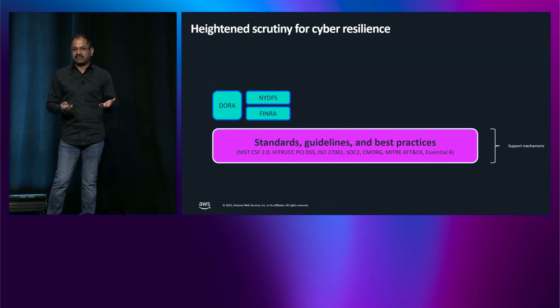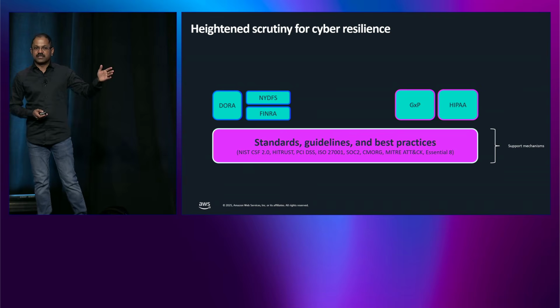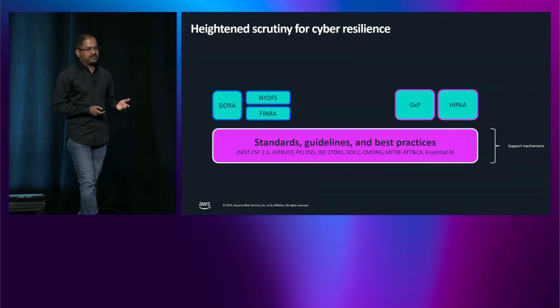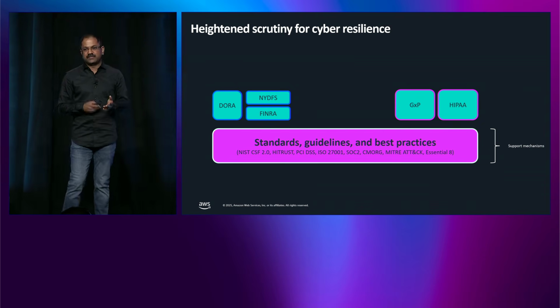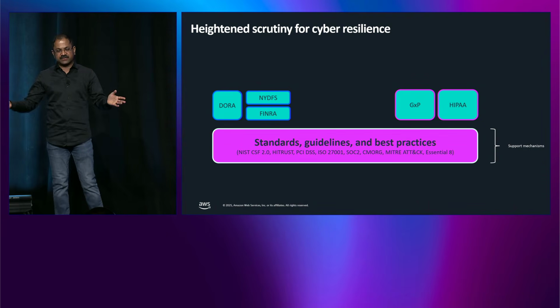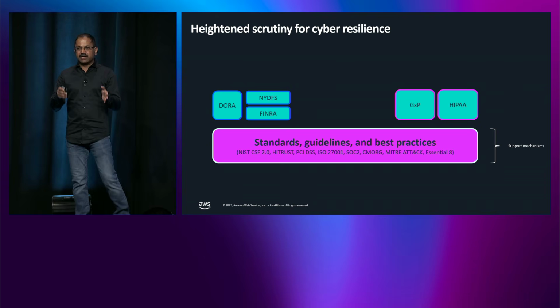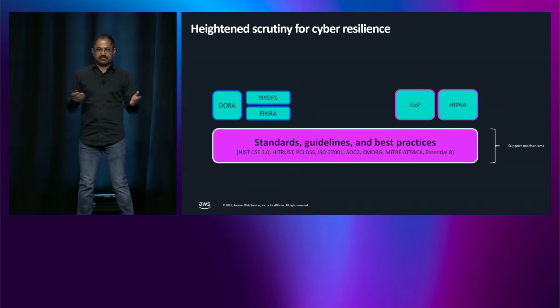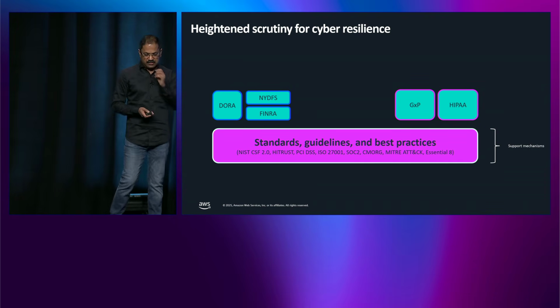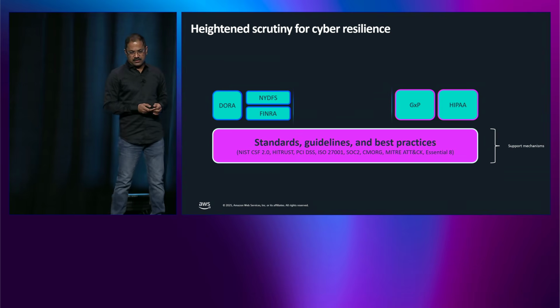Regulations like DORA and NYDFS focus very specifically on the FSI industry. But we also have regulations like GxP and HIPAA, which focus on the healthcare and life sciences industry. These are just examples of what a vertical-based regulation would look like.